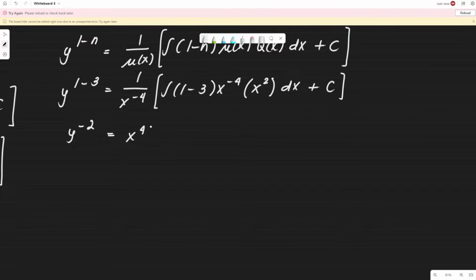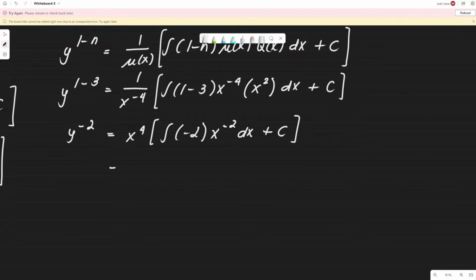So, we'll have the integral of negative 2 times x raised to negative 4 times x raised to 2 is x raised to negative 2. Remember, when we add the exponents, negative 4 plus 2, that is negative 2. So, negative 2 times x raised to negative 2 dx plus c.